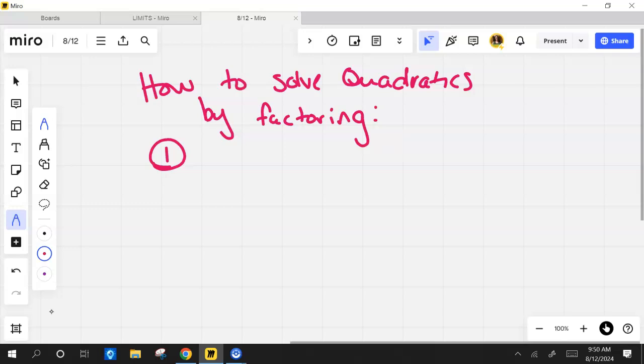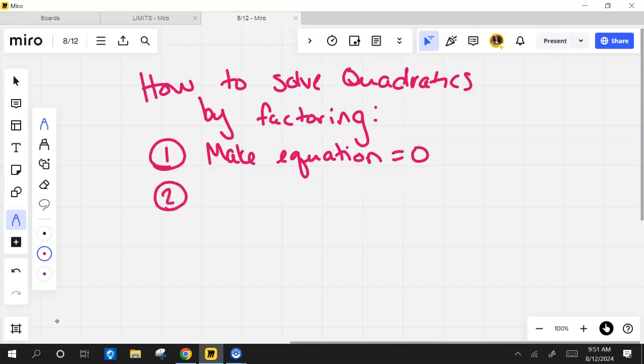All right. First thing we're going to do, we're going to make our equation equal to 0. Okay, because the zero product property does not work if the equation's not 0 first. Right, Mr. Deal? Right. Okay. So we make the equation equal 0.